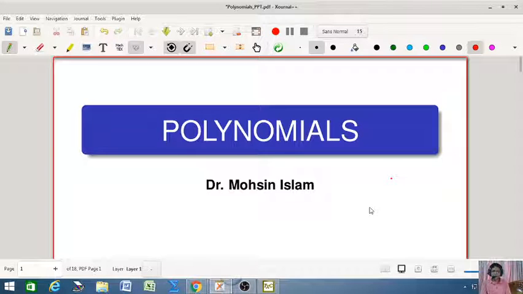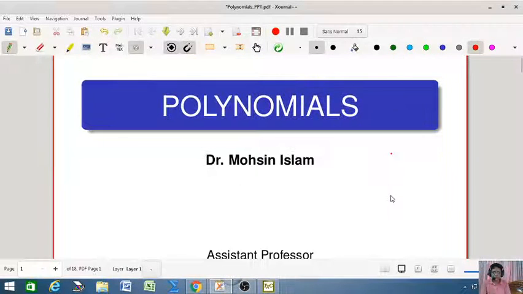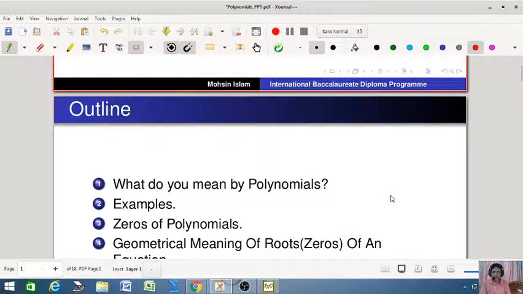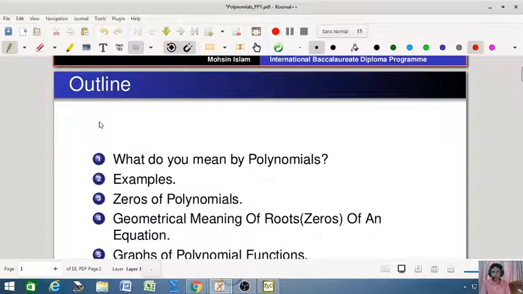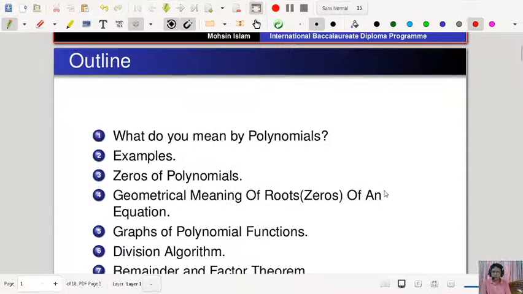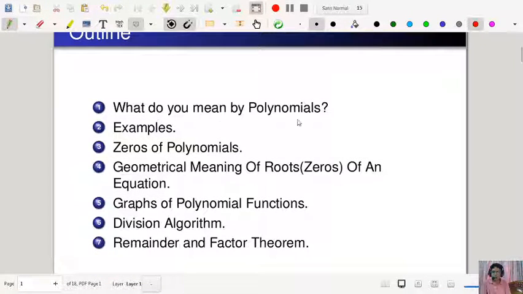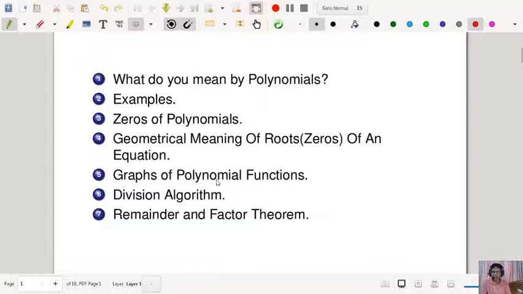Okay, then today's topic is polynomials, right? So today in our talk, the outlines are: what do you mean by polynomials, different examples of polynomials, zeros of polynomials, what is the geometrical meaning of roots or zeros of an equation, and graphs of polynomial functions, and division algorithm, and lastly we'll learn remainder and factor theorem, also some relations between roots and coefficients, zeros and coefficients.